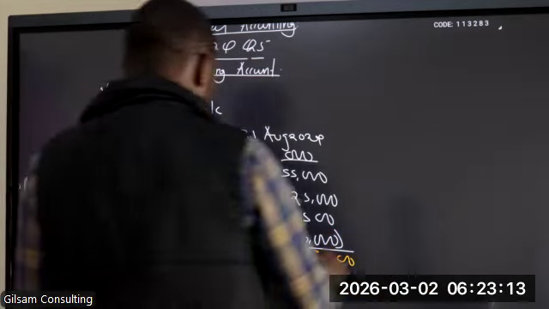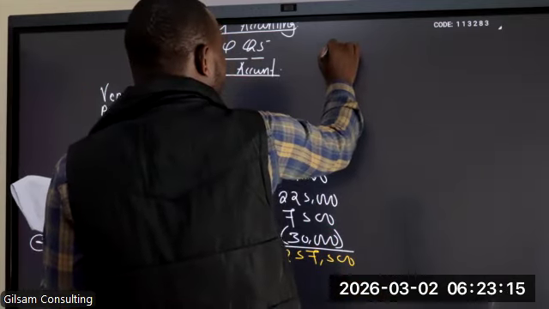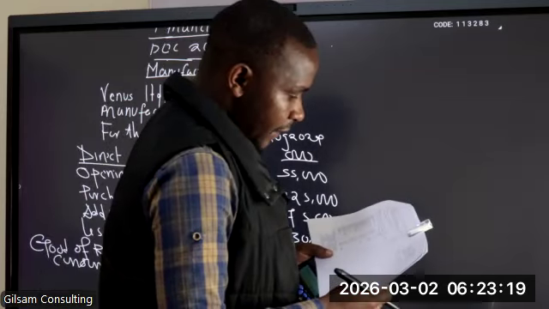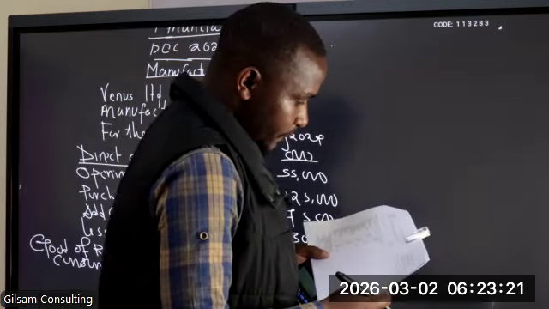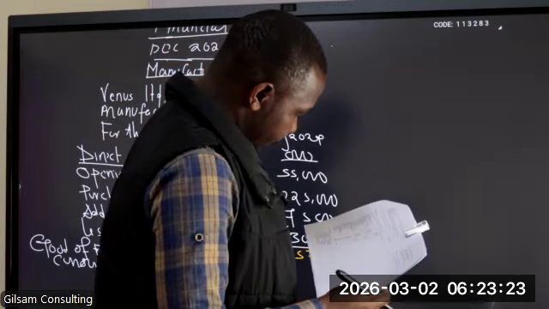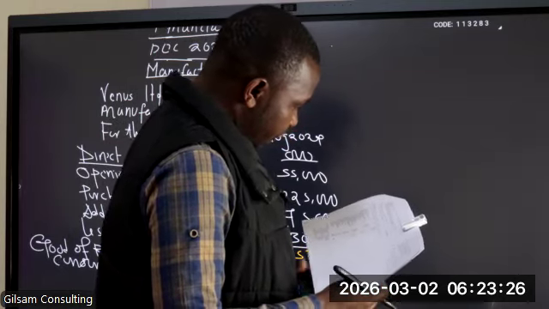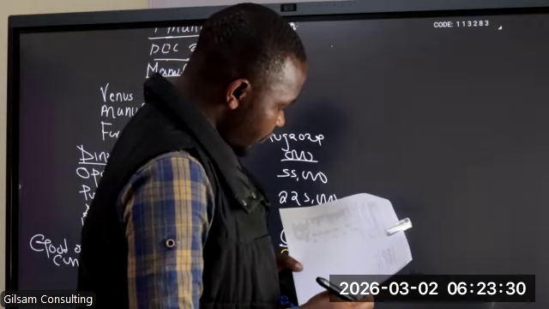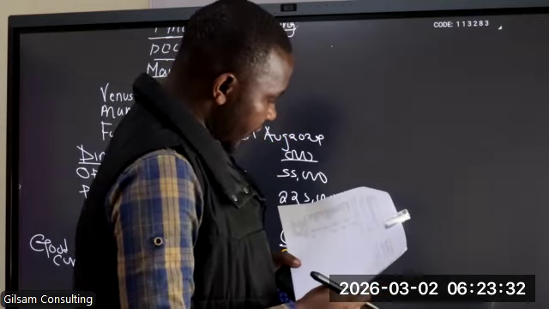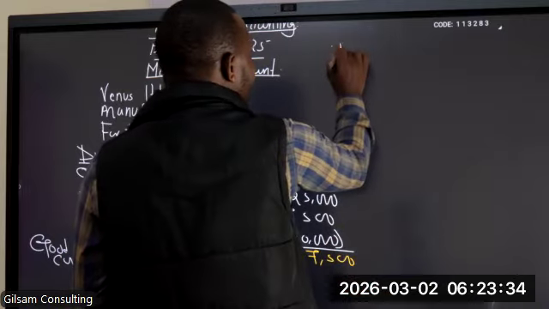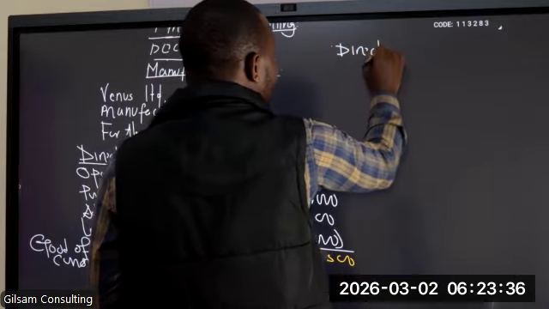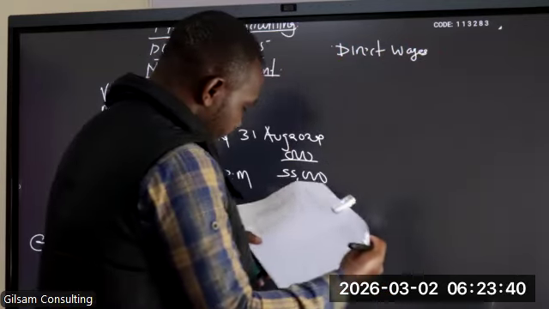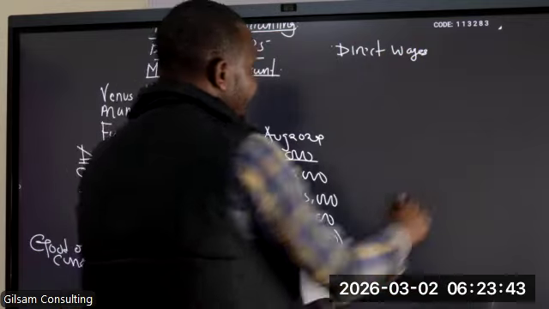Then we add other direct costs. We have direct cost in additional information? No. So we go to the trial balance, direct wages. Direct wages is 120,000.